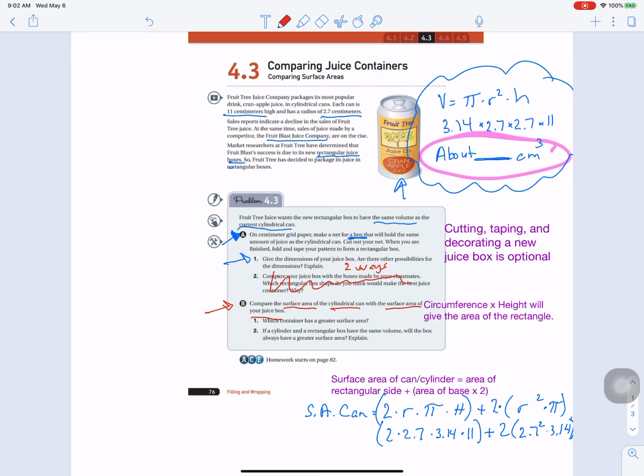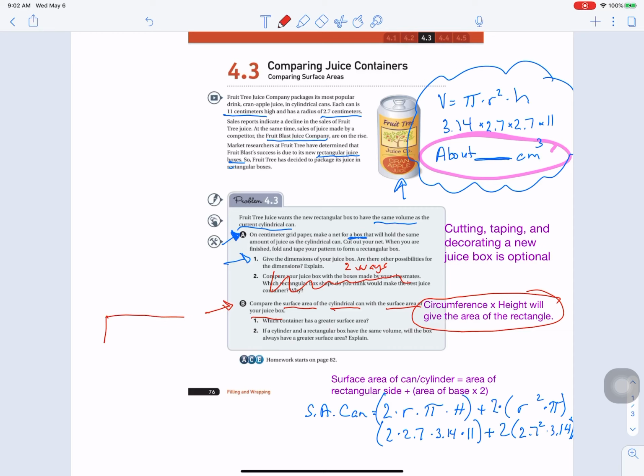So you have done surface area of rectangular prisms before. So you're going to need to do that. You're going to need to get your surface area. Surface area with cylinders is a little tricky. We've talked about that a little bit. But if we think about this, circumference times the height will give the area of the rectangle.